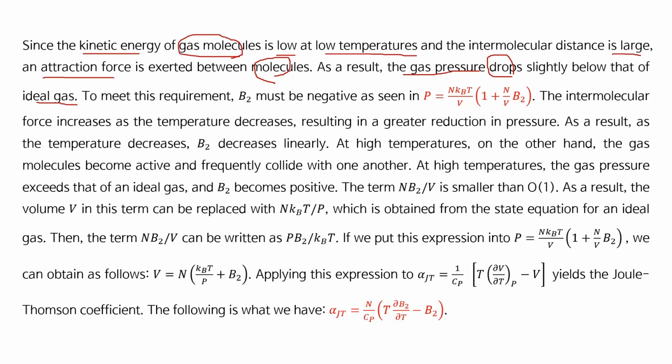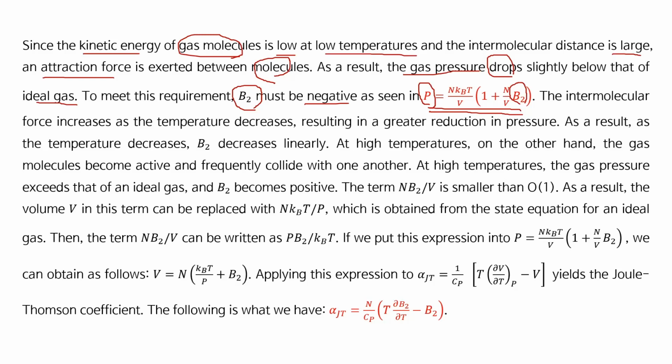To meet this requirement, B2 must be negative as seen in this equation, because pressure is reduced in the intermolecular attraction process. So B2 is slightly negative, right?